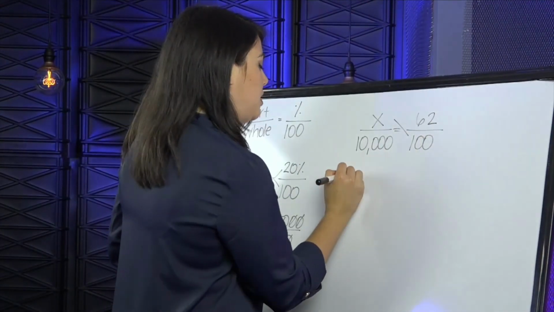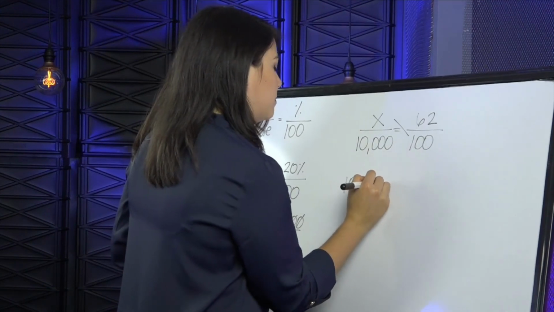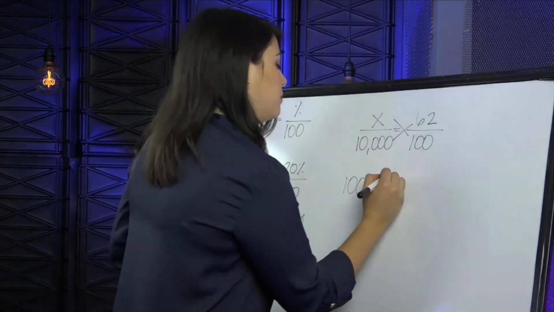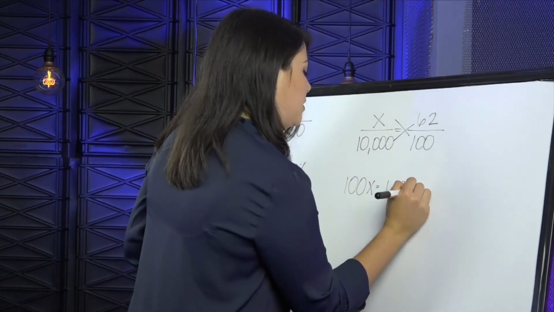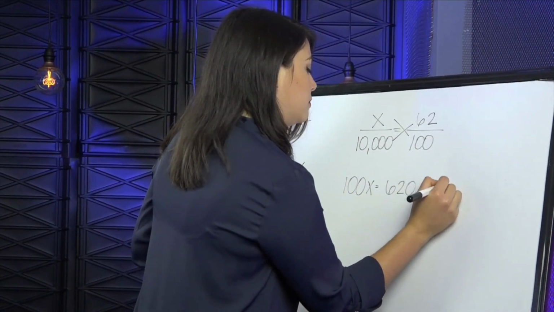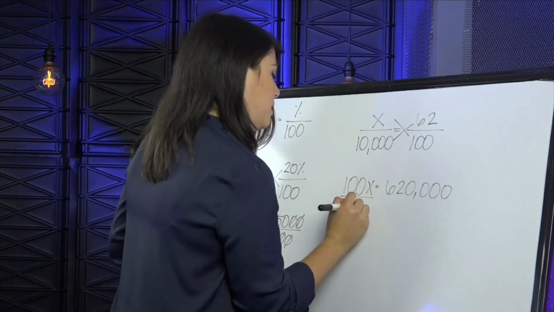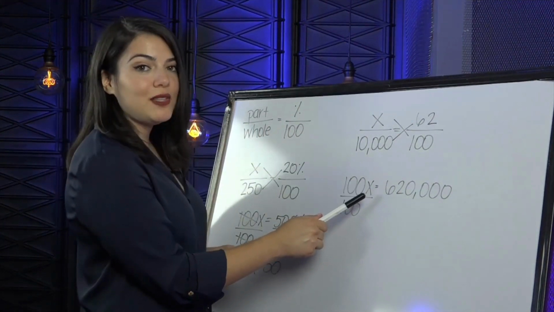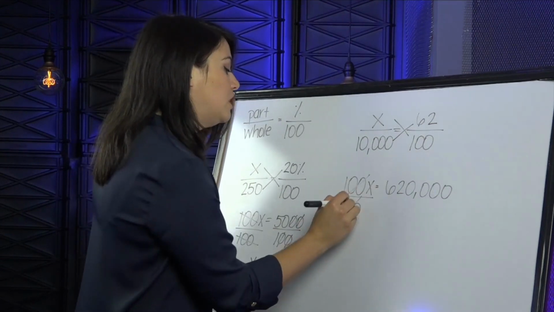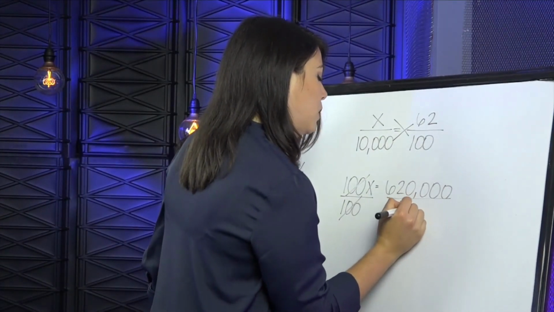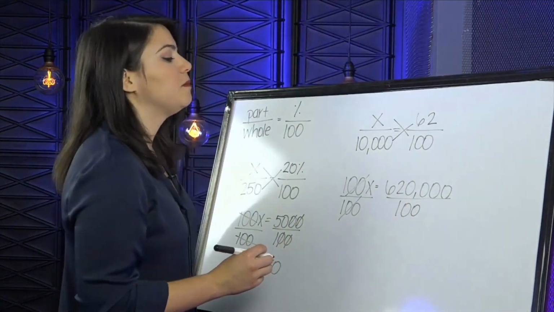x times 100 is 100x, and 10,000 times 62 is 620,000. Let's divide by 100 because 100 is multiplied to the x. When we do that, that cancels out. Whatever we do to one side of the equal sign, we must do to the other.